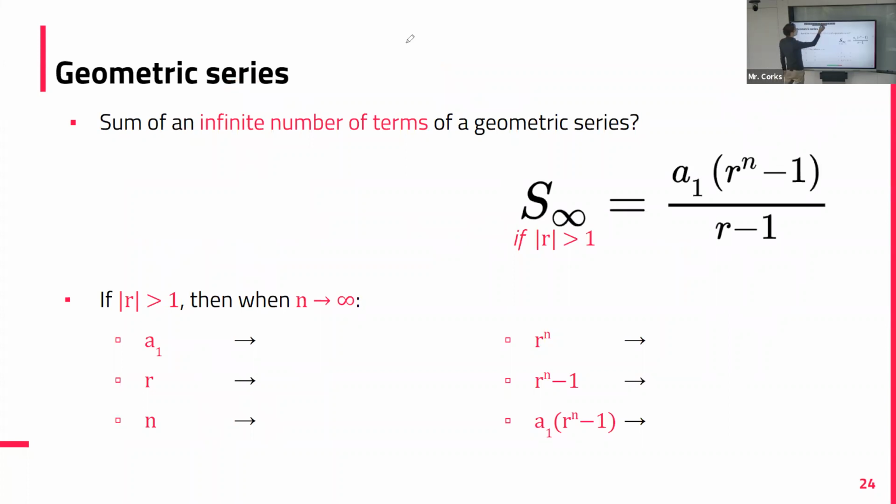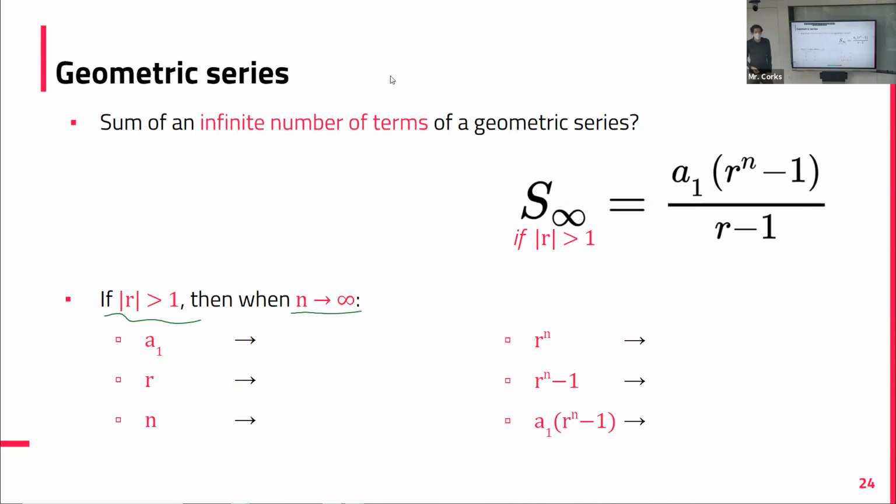Looking at our formula a bit more carefully, let's see where that infinity comes from. First, if the absolute value of R is greater than 1, then as n approaches infinity, what happens to the first term, the A1 value? Does it change? Nothing, it stays as A1. What happens to the R value? Nothing, it's just R, and n is approaching infinity.